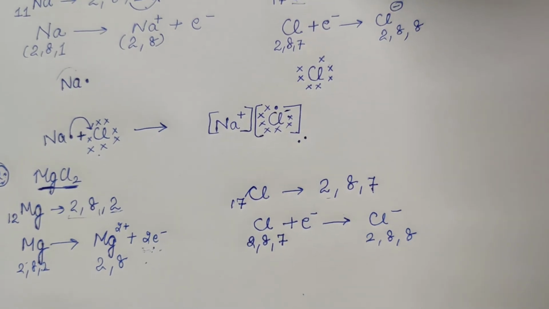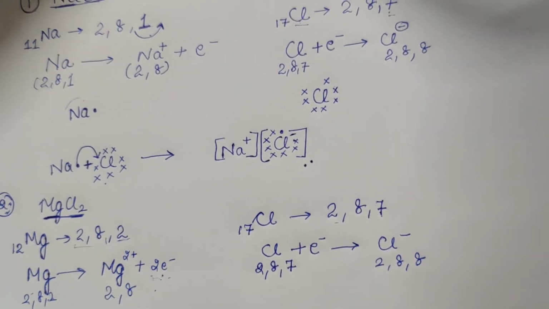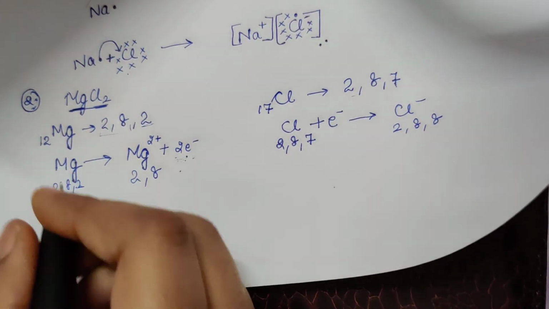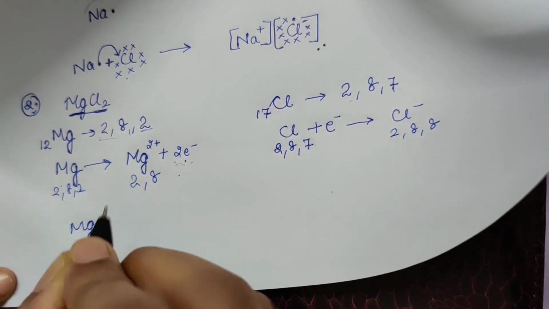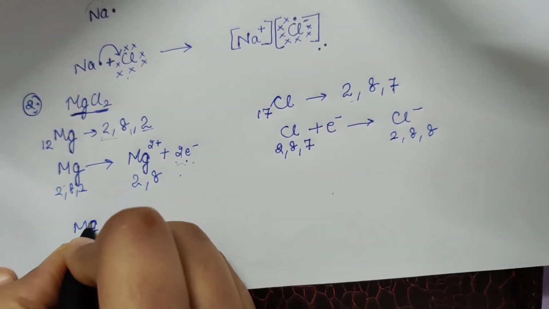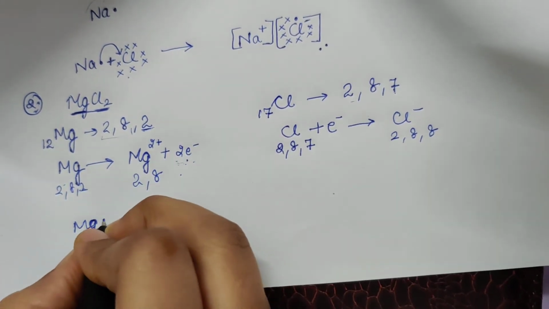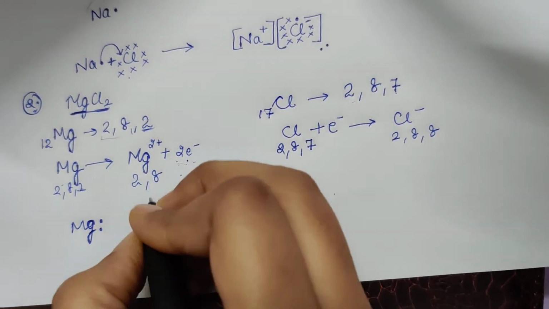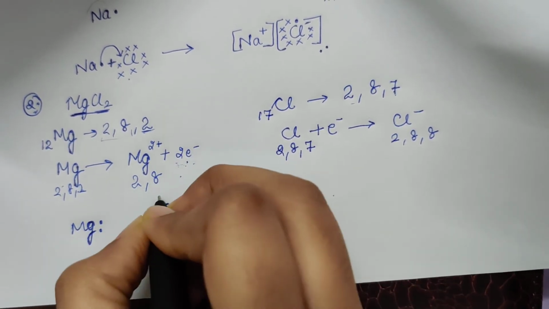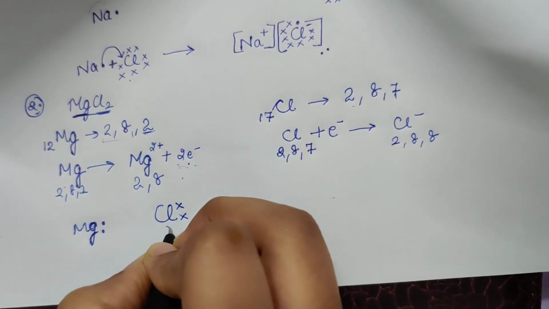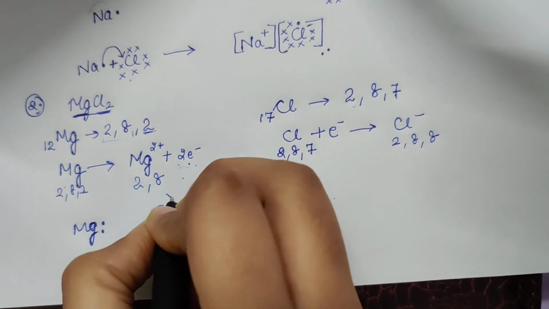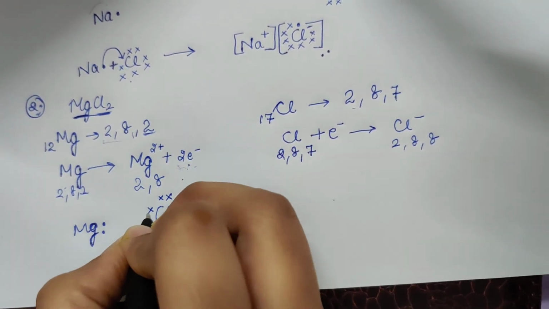Now for the electron dot structure, let us see magnesium, and the 2 electrons will be like that. You have to show the 2 electrons which are present in the outermost shell by a dot. And for chlorine, it is 1 2 3 4 5 6 and 7.